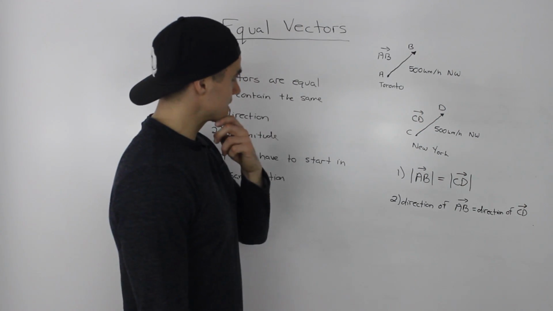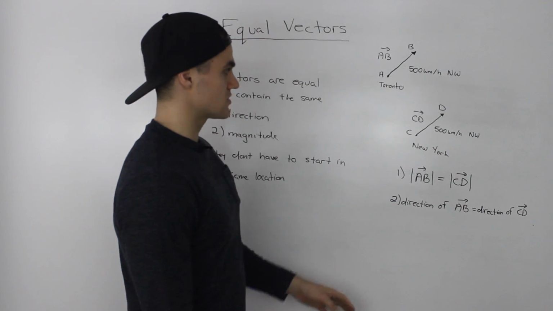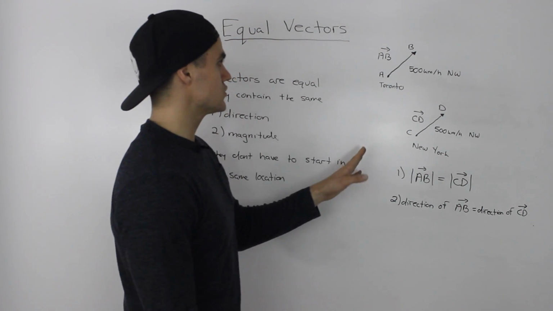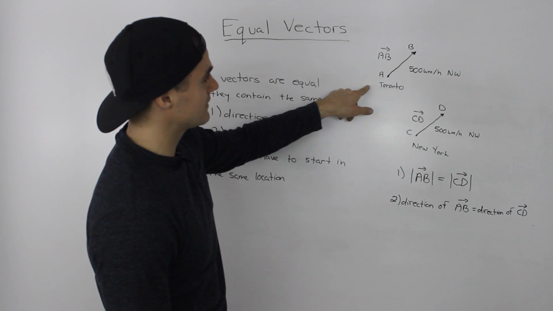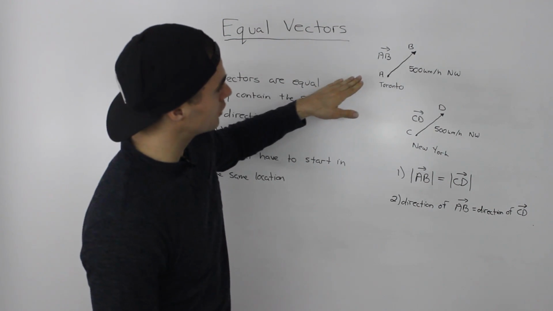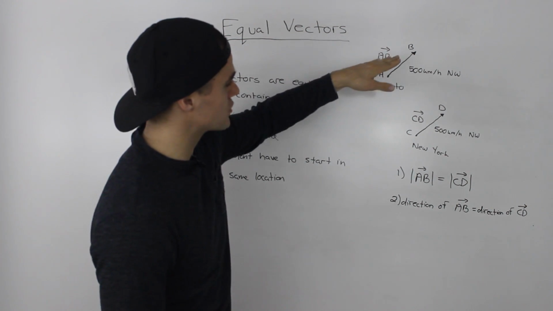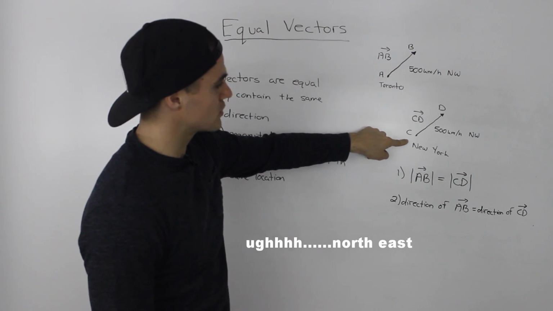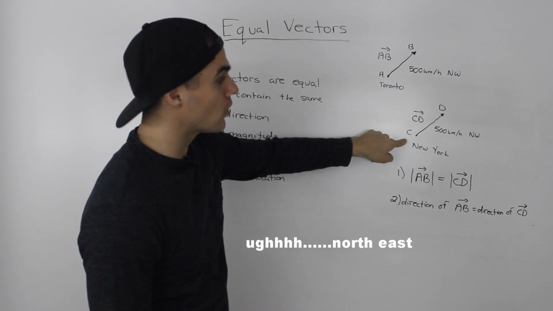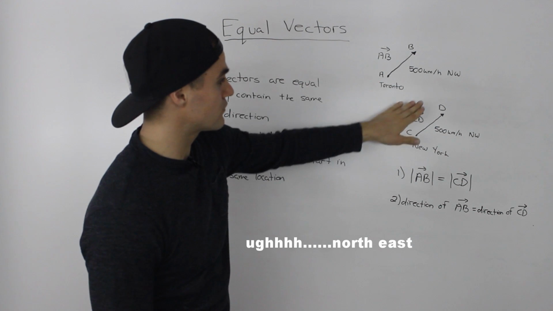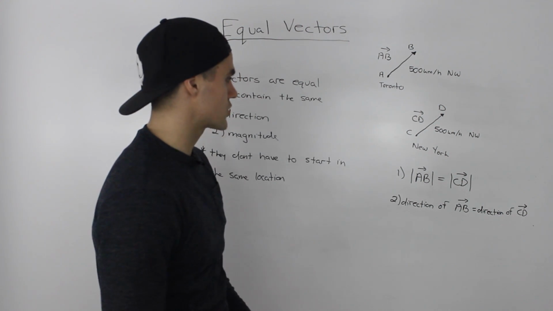And also notice how both of these vectors are in different locations. One represents a plane that's flying above Toronto, 500 kilometers per hour in a northwest direction, and the other vector represents a plane that's flying over New York, but it's also going 500 kilometers per hour in a northwest direction.